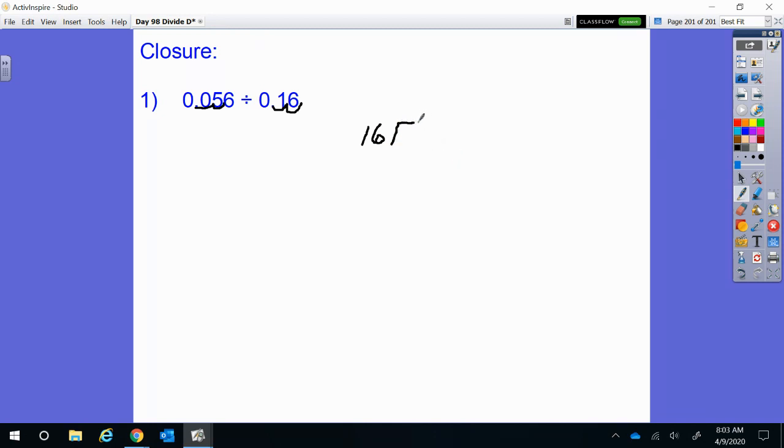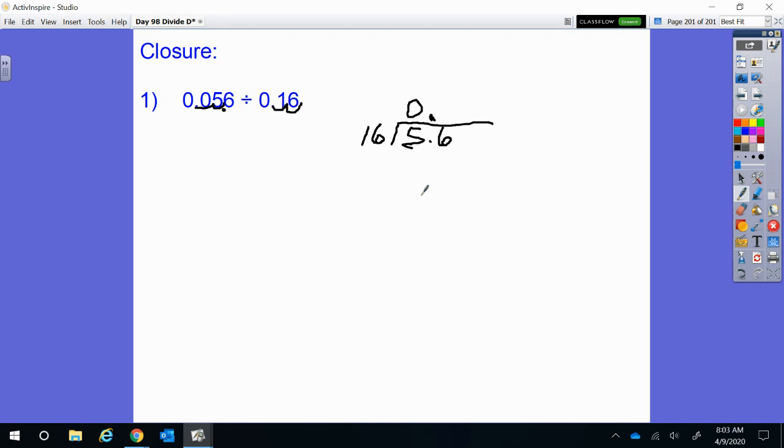And this is 5 and 6 tenths, because I had to put my decimal point right there. Okay, 5 6/10. All right, so can I make 16 out of 5? No, that's a 0. Remember, bring the decimal point straight up. So the decimal point is right there.